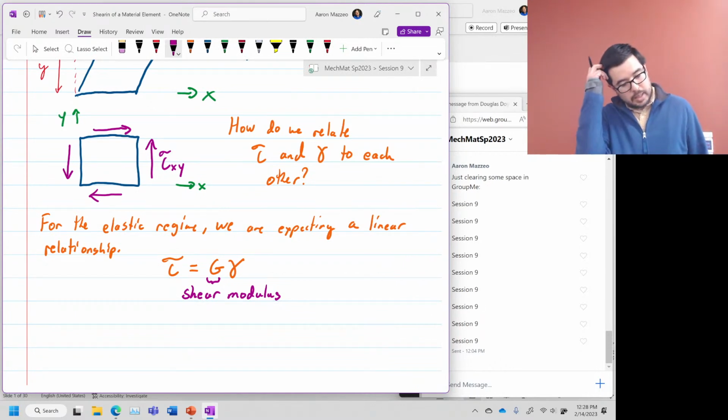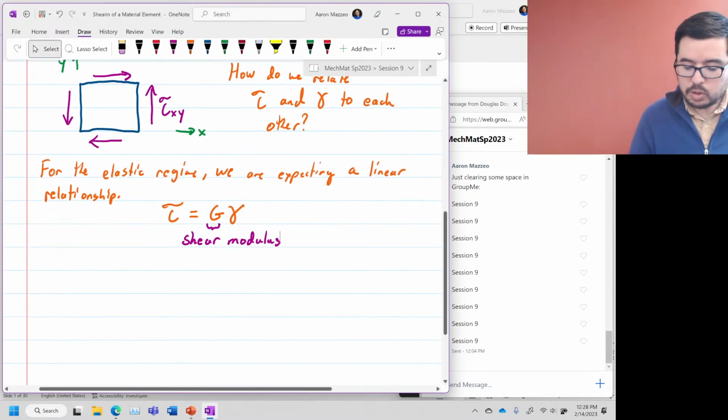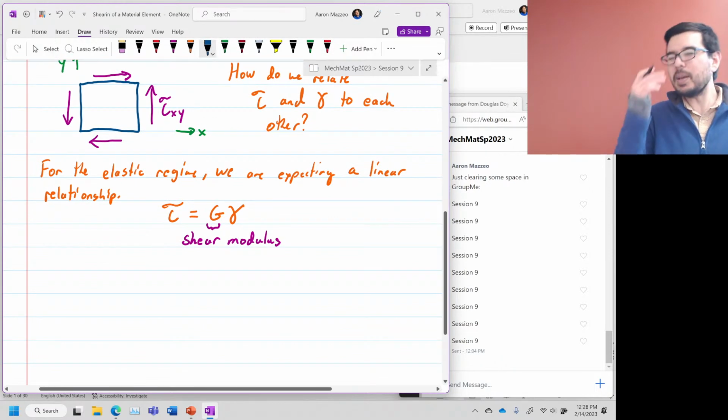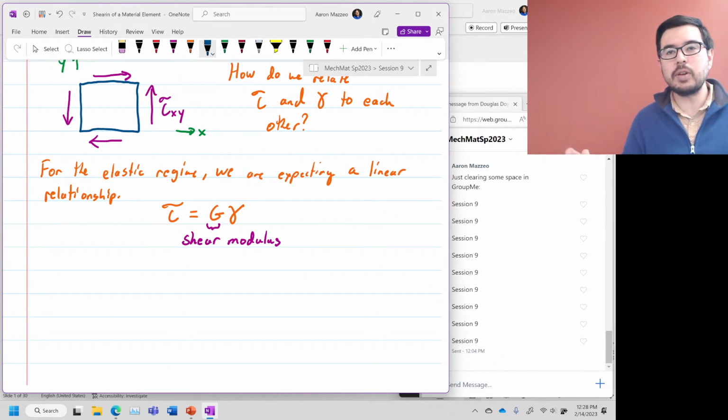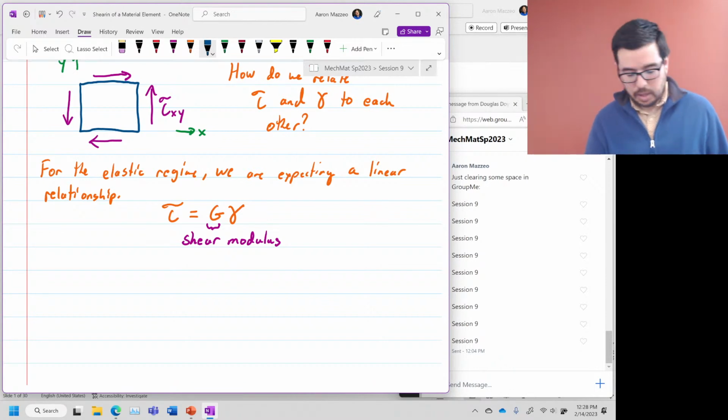Now, people don't usually plot, well, sometimes they do. That's not completely true, but we're usually used to seeing a stress strain curve for normal stresses, okay?